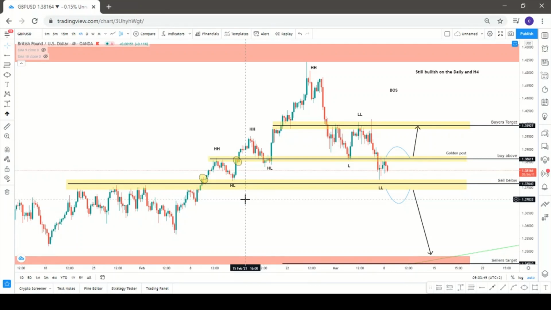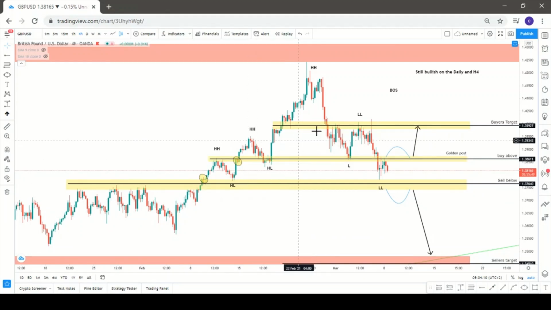We have better data in America, and obviously the Fed's quantitative easing program or bond purchasing program is set to slow down, as well as Joe Biden's $1.9 trillion relief package has affected the US dollar, and we've seen amazing strength in the US dollar. So that has been moving the markets.